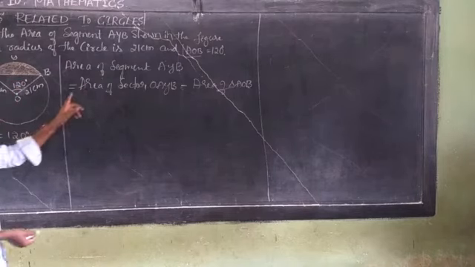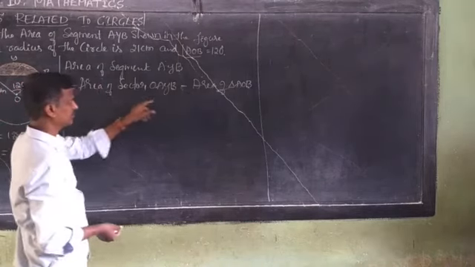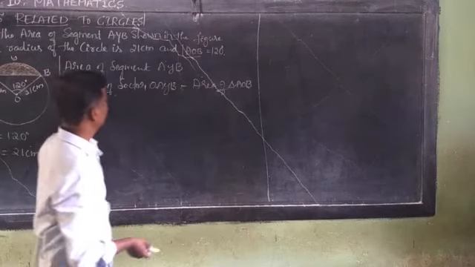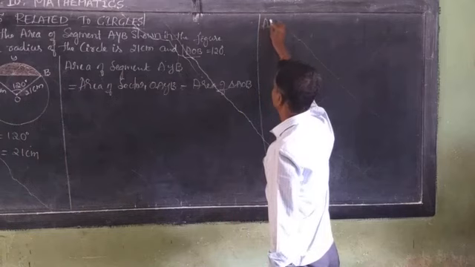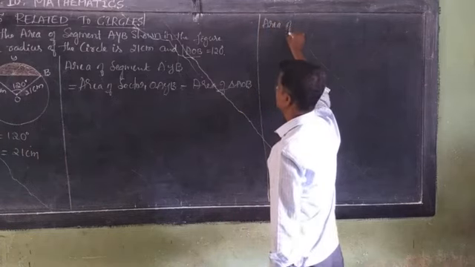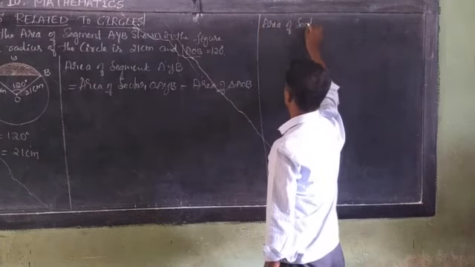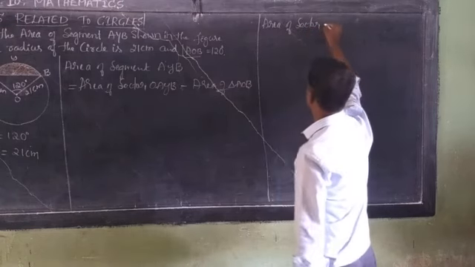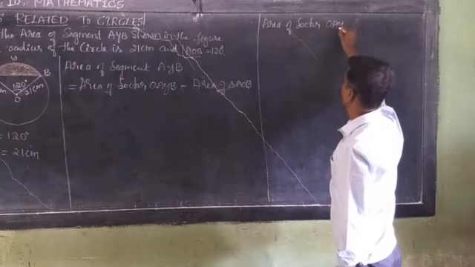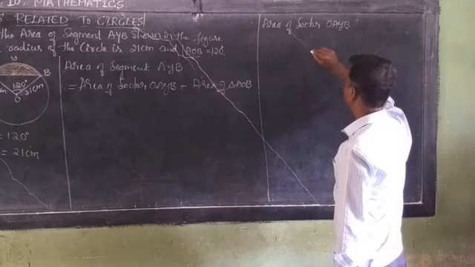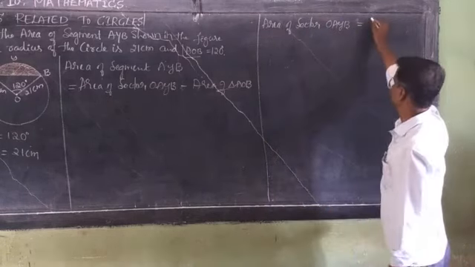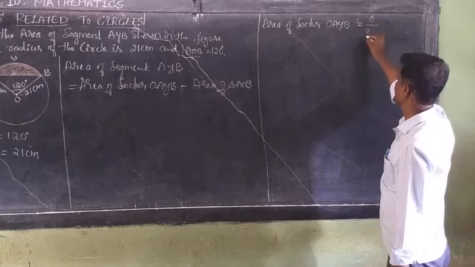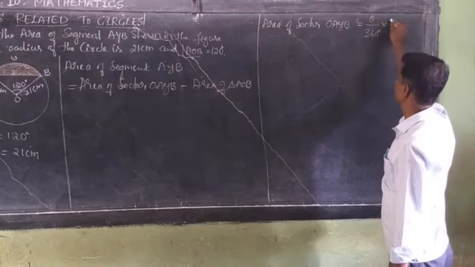First, we have to find the area of the sector. Area of the sector OAYB is equal to theta divided by 360 into pi r square.